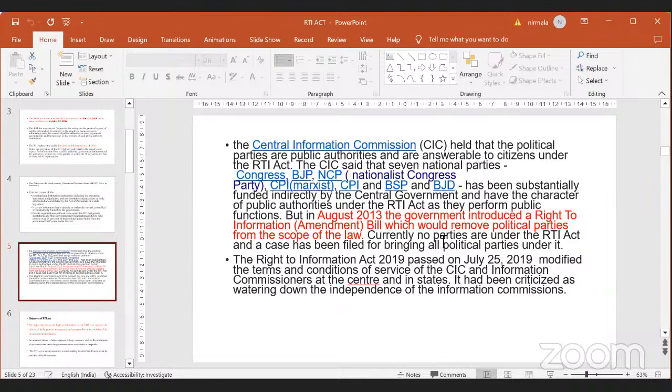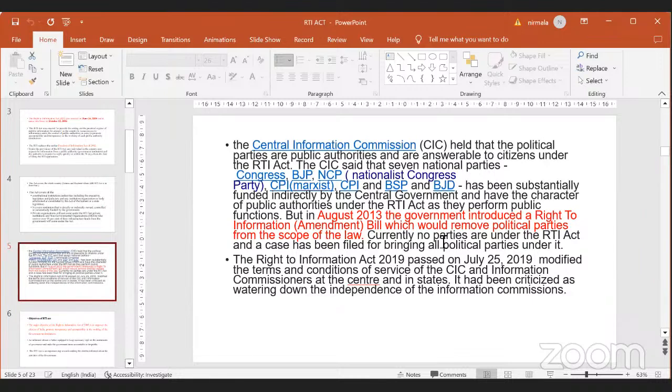And the Central Information Commission in an order made clear that all those political parties, the 7 national political parties that include Congress, BJP, NCP, CPI Marxist, CPI, BSP, and BJD, have been substantially funded indirectly by the central government and have the character of public authorities under the provisions of the Right to Information Act as they perform public functions.